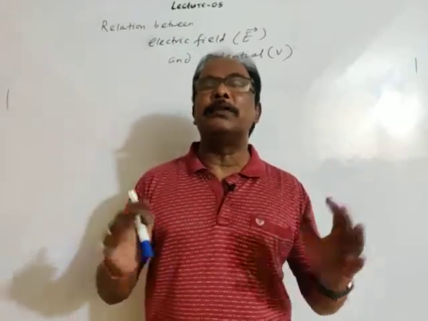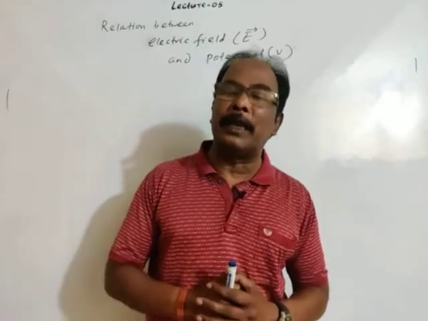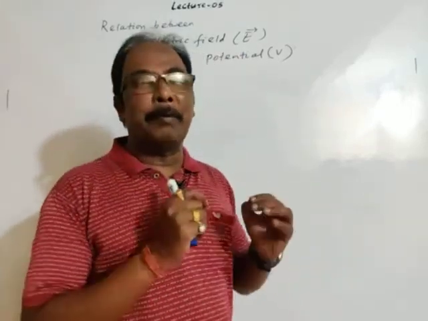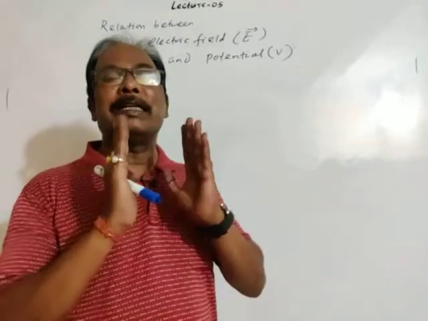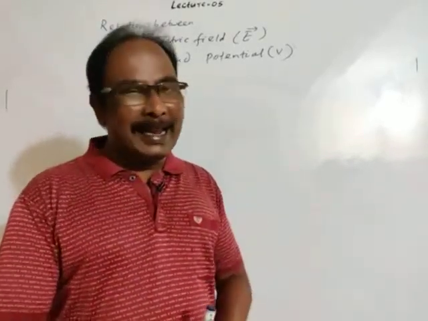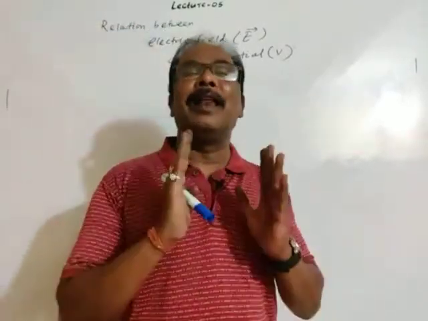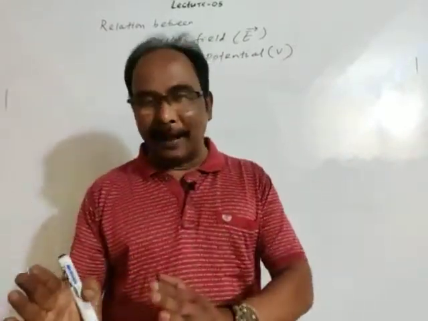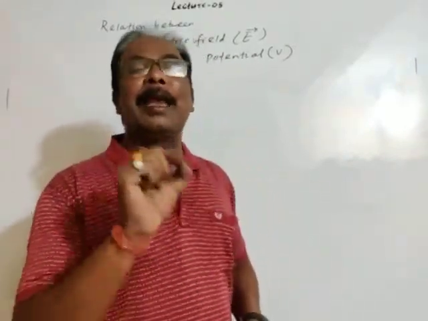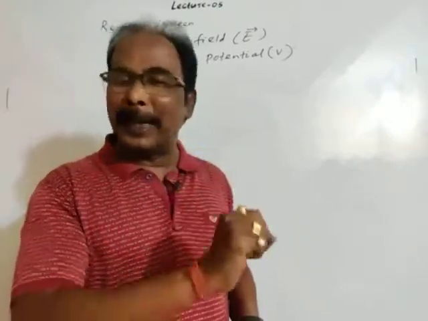Similarly, in this chapter on electric potential, we have discussed the electric potential due to a point charge and due to a system of charges. In this lecture, we will discuss the relation between electric field and potential.